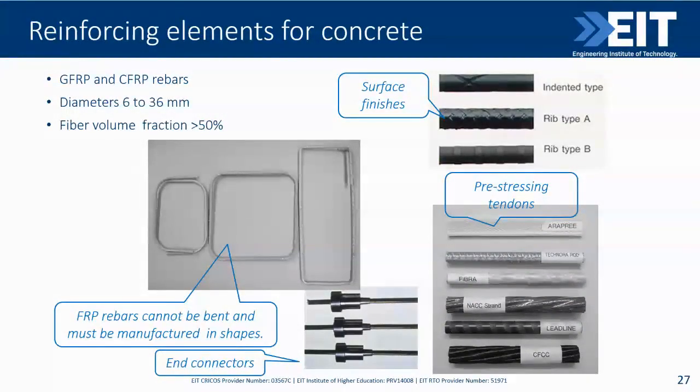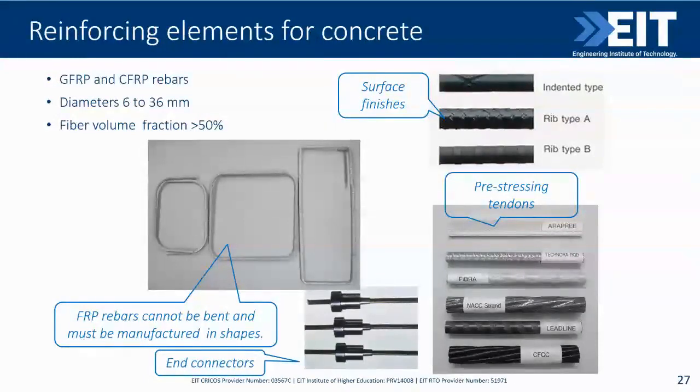The structural idea of FRP RC, FRP reinforced concrete, does not change. The idea is to provide the concrete with tensile strength. That's what steel does in steel reinforced concrete. So the shapes of the rebars and the stirrups are also the same.